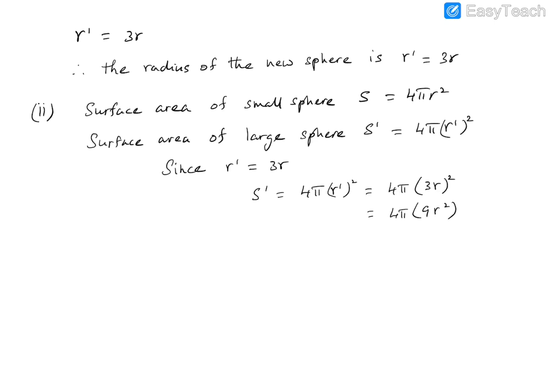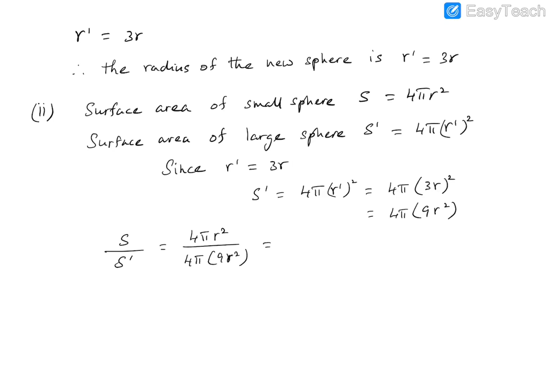Okay, so that's the surface area of the large sphere, and we have to find the ratio of S to S dash. So S divided by S dash is going to be 4 pi r square divided by 4 pi into 9r square.